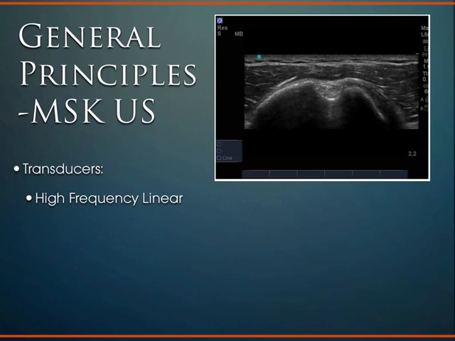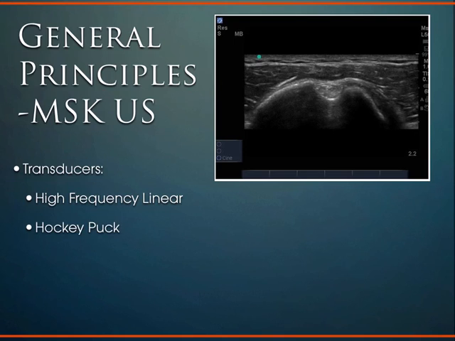With musculoskeletal, we're dealing with a lot of superficial structures. We're not really trying to get too deep. There are a couple regions where you do have to either switch probes or go to different settings to get more penetrance and get deeper. But in general, with MSK, we're mostly looking for the high frequency, better resolution, less depth.